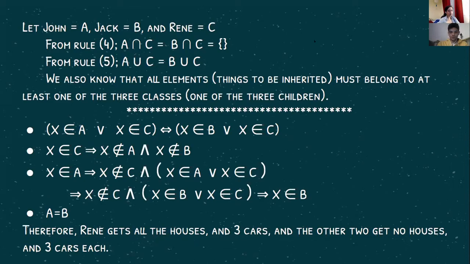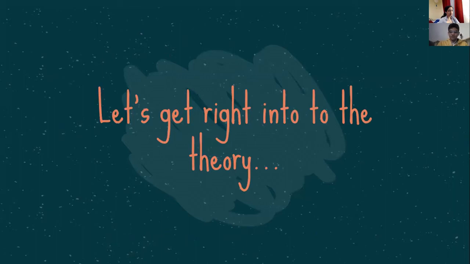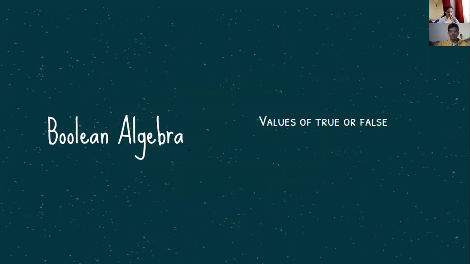So I think we'll proceed further and go right into the new concepts. What we'll be dealing with is something called Boolean algebra, okay? In Boolean algebra, when you evaluate the mathematical operations, you care about the truth value of the thing. It's either true or false.